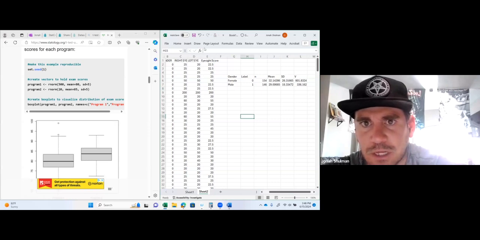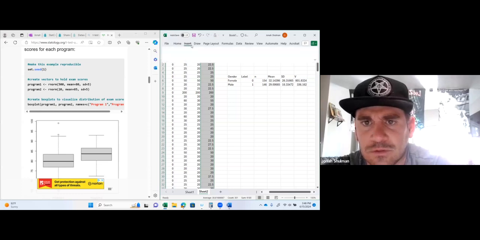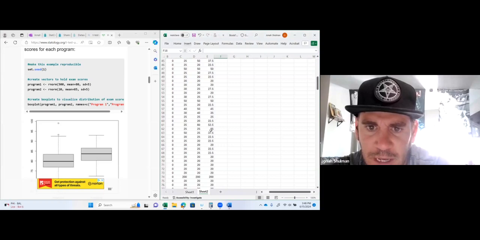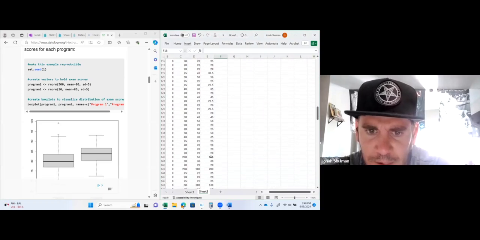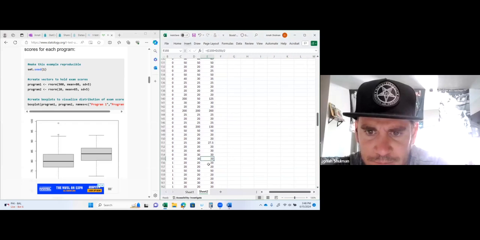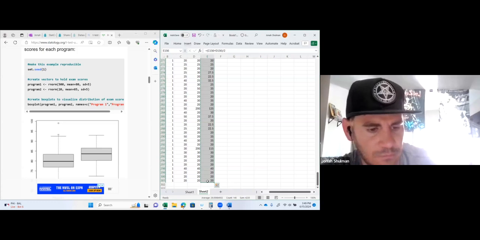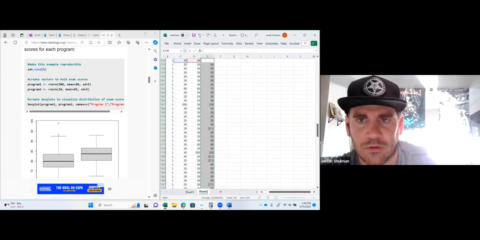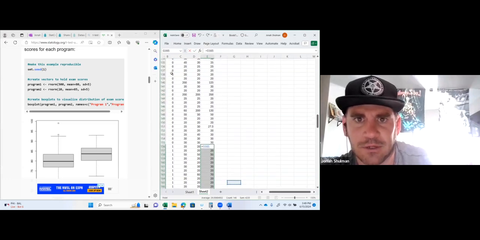So we could make some box plots. Make a box plot. Now we need to get these values starting at 155. I don't know what just happened there.